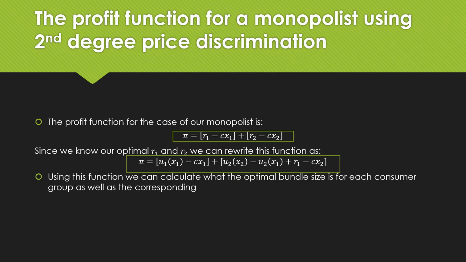We sub in our equalities for R1 and R2, and we get this nice equation where we can apply some calculus to solve for optimal x1 and x2 for each of these consumers.